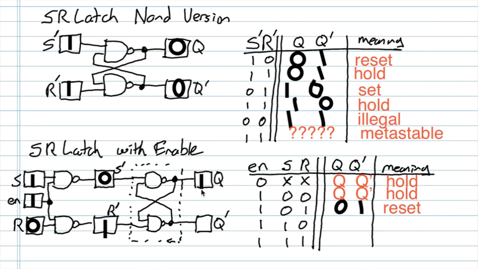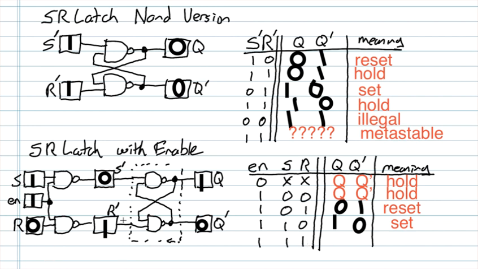I guess I could write that in here, which means I get a 1, 0 here. Hey, it worked for me. And we get a set. So now we've got our next function, and it's nice because I can control when I want it to happen. If I don't want these to happen, I just turn enable off, and it's irrelevant what happens to S and R.